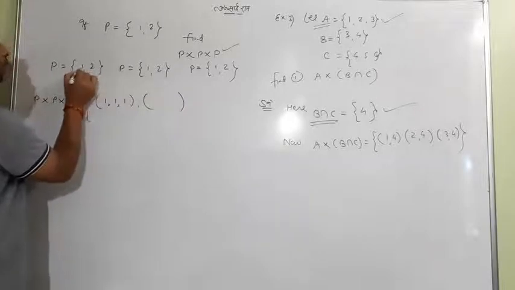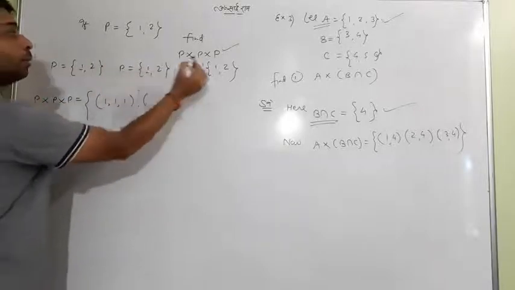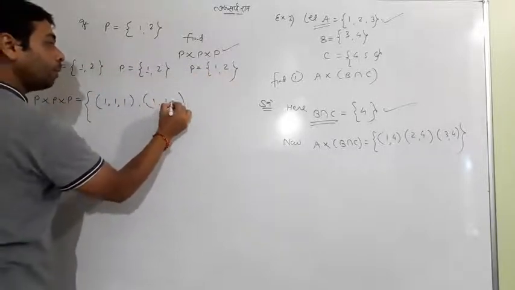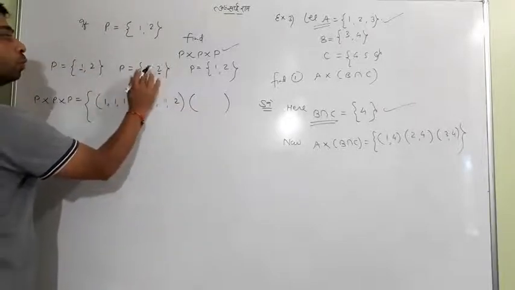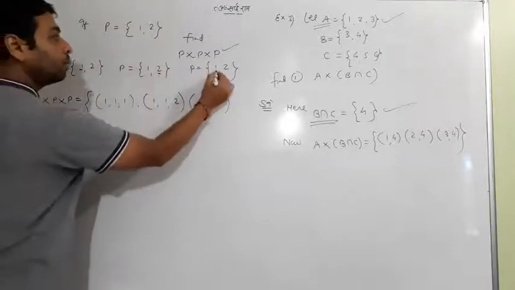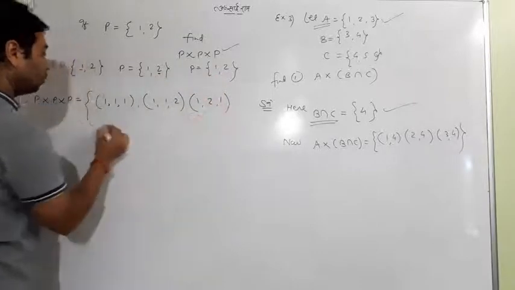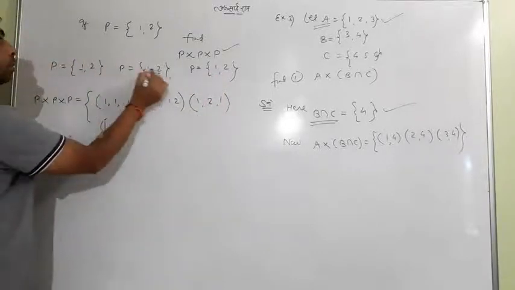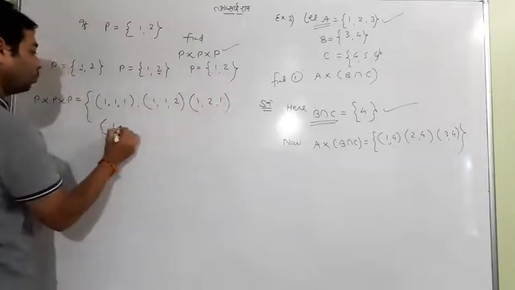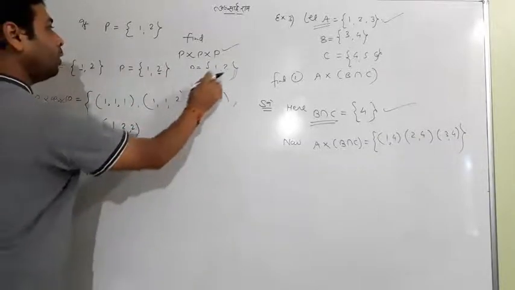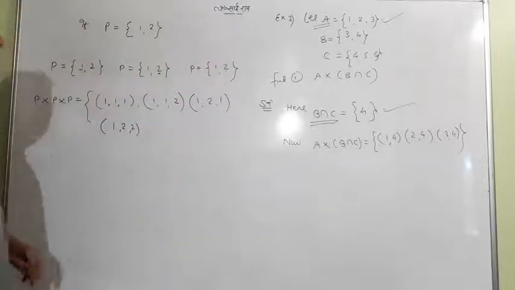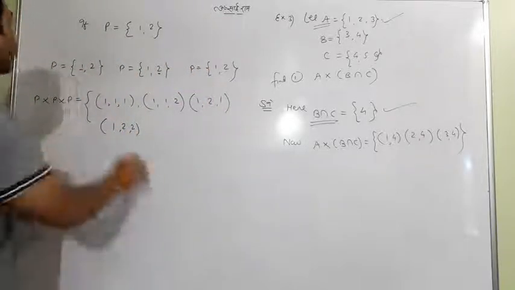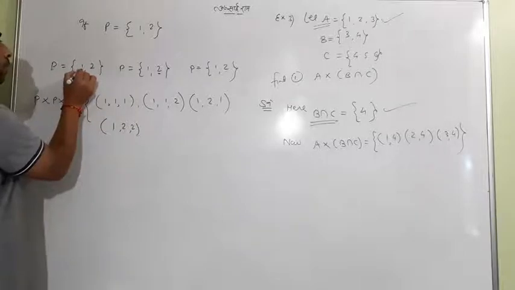Then 1, 1, 2. All possibilities you have to write. Then 1, 2, 1, then 1, 2, 2. Hope you have got it till here. Let me rub it out and look at it clearly. First I started with 1, the first element.